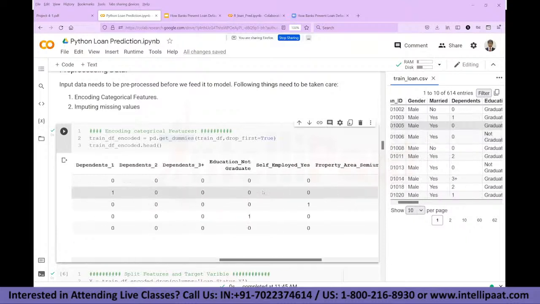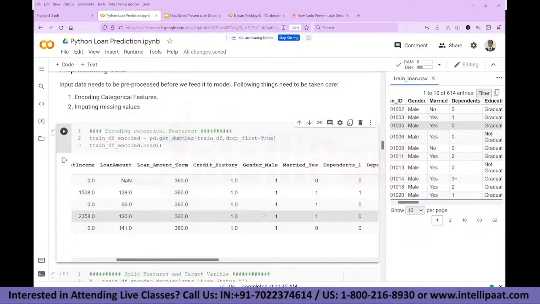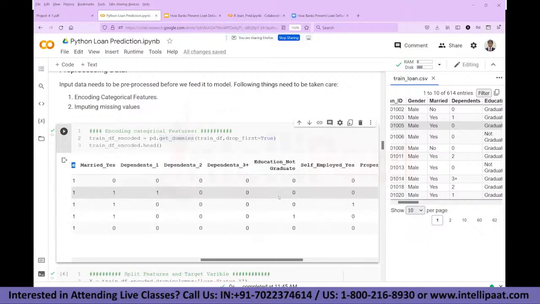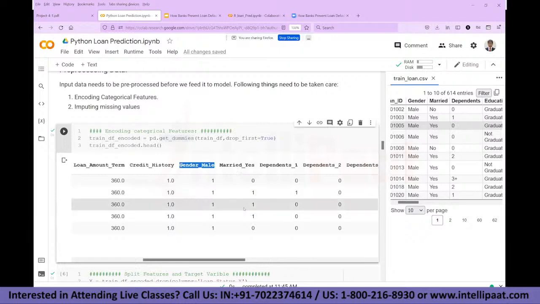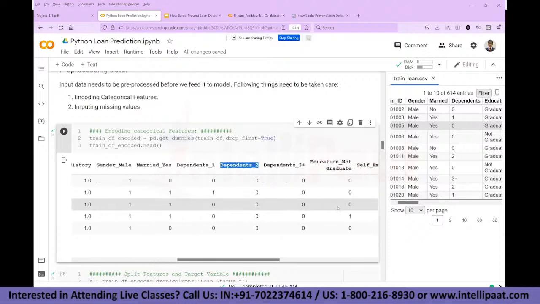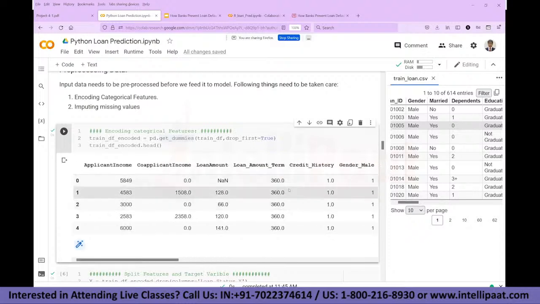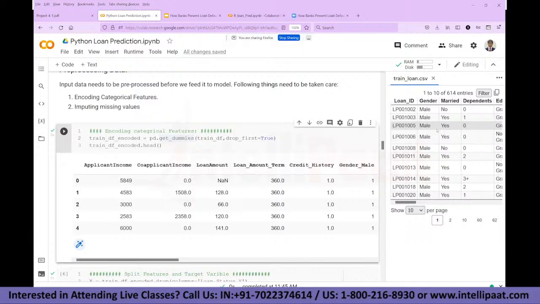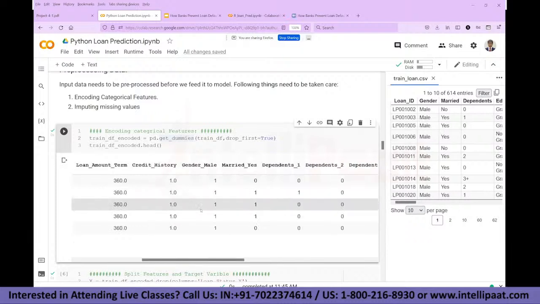So gender male I put as 1, then married yes or no. Similarly dependents 1, dependents 2, dependents 3. What has happened is that for each loan ID, I created a new column for such cases. If it's married yes, then it's 1; if not, then it's 0.